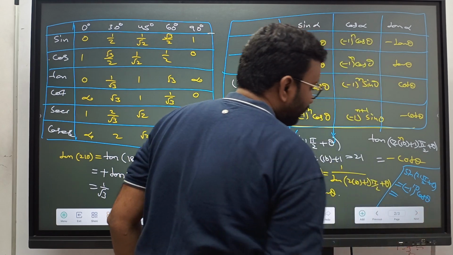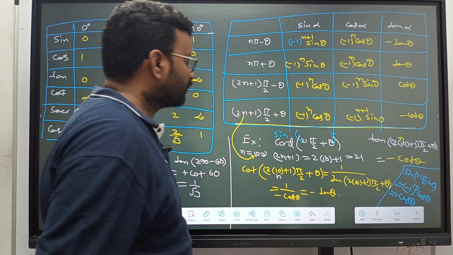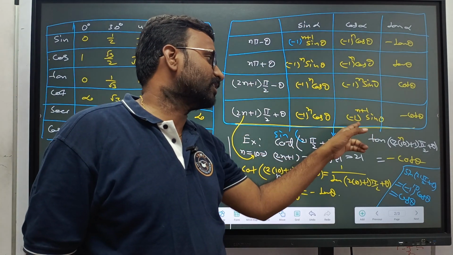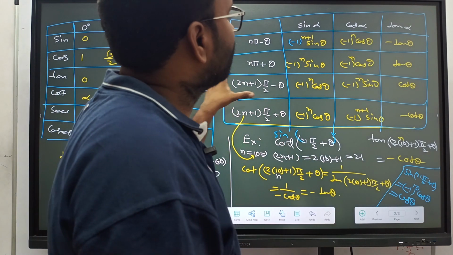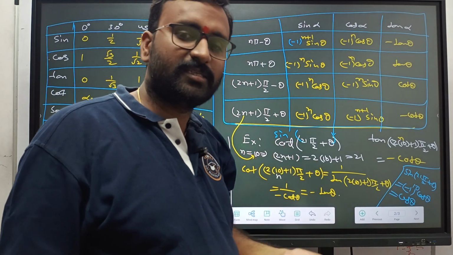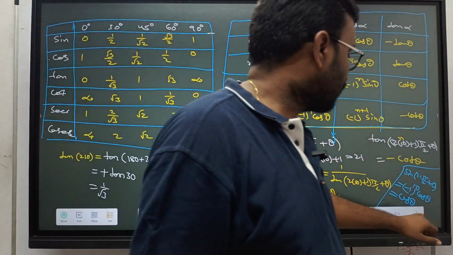Minus 1 whole power an even number is 1 only, so the answer is cos theta. Suppose you take cos theta, the answer is minus 1 whole power n plus 1. 10 plus 1 is 11, so it is minus sin theta. In this way, this is a very easy table. If you remember this table, it makes the problems easy, especially for finding values.